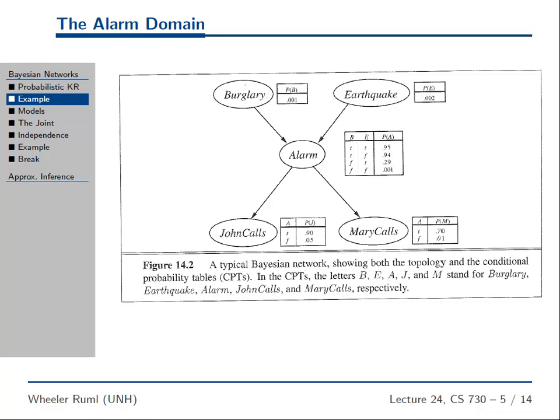If you don't draw arrowheads here, if they're just undirected edges, then instead of being a BayesNet, it's a Markov random field, which sounds really fancy. But I don't know that much about them. I barely know enough about BayesNets to lecture about them, so I'm going to keep to BayesNets.